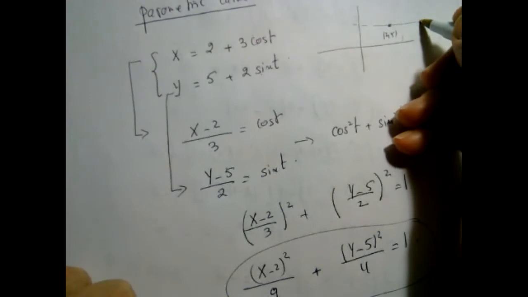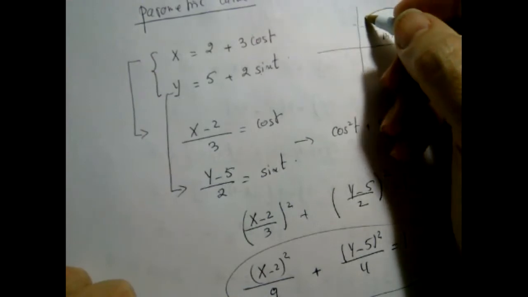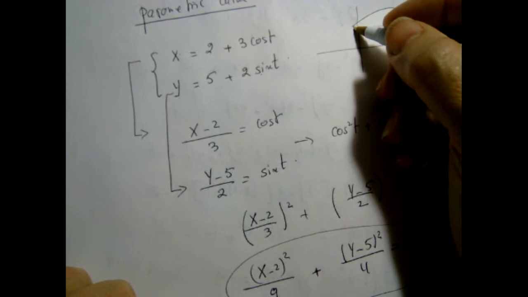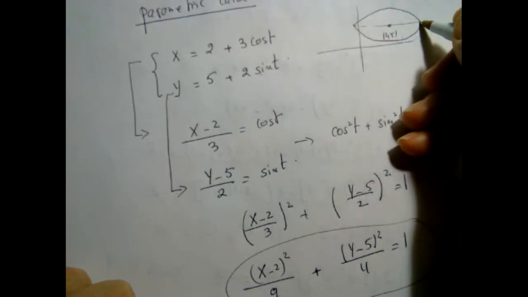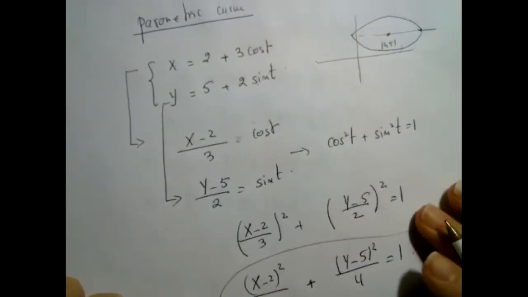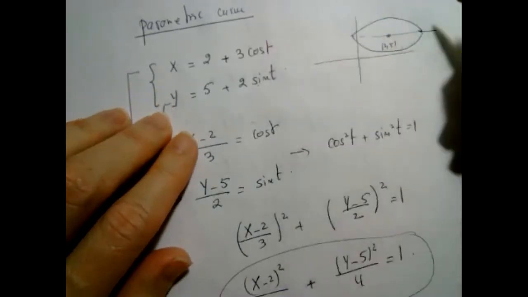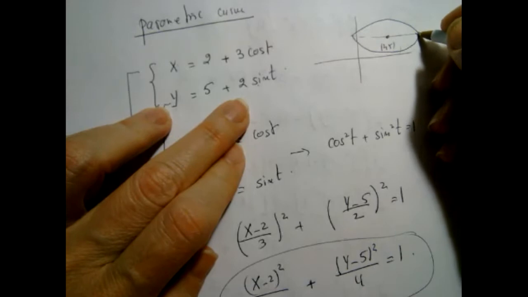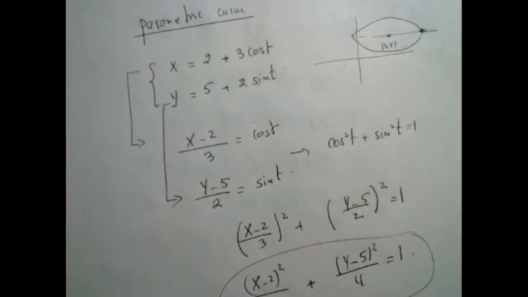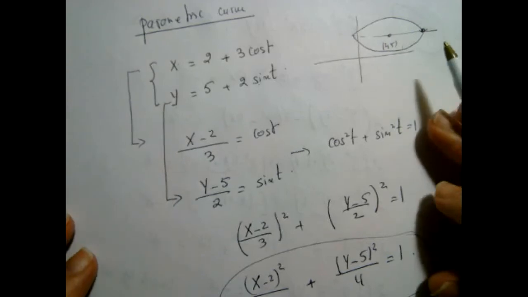We're going to move 3 units from here, and then we go 2 units up, and 3 units, and then 2 units up. So this is really the ellipse. At t equal to 0, I will be right here, and we move on in the clockwise direction. Okay, so that's a good way of parameterizing an ellipse.